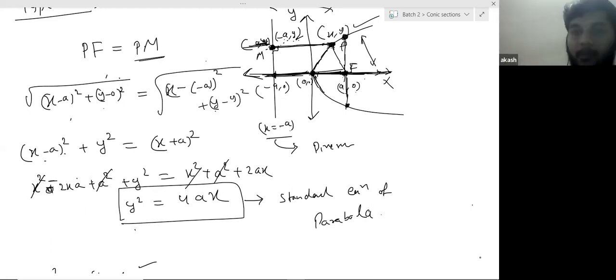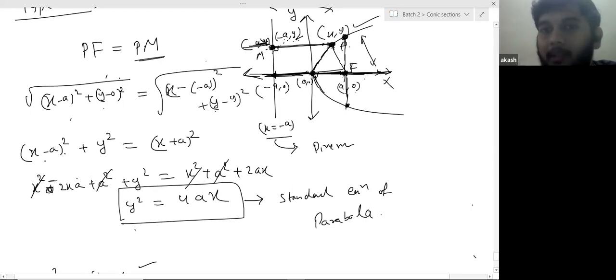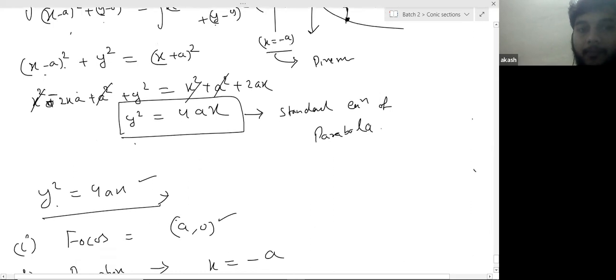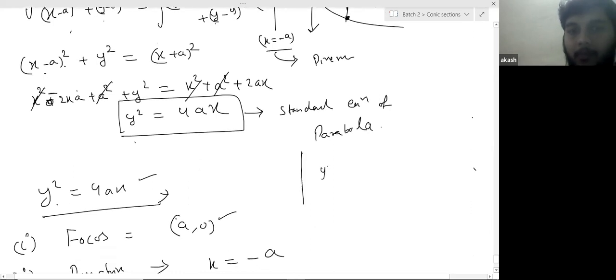Okay, so see how to calculate this. This point is on the parabola, right? And this will be a comma something. We don't know the y coordinate. So how to calculate the y coordinate? Put the value of x as a in this equation. So 4a into a, so we are getting 4a square.